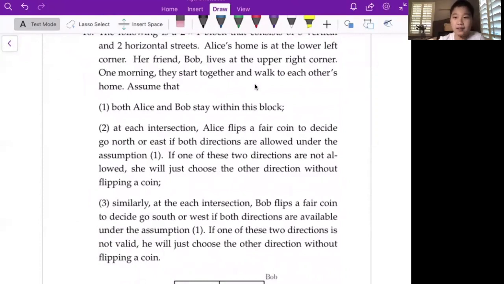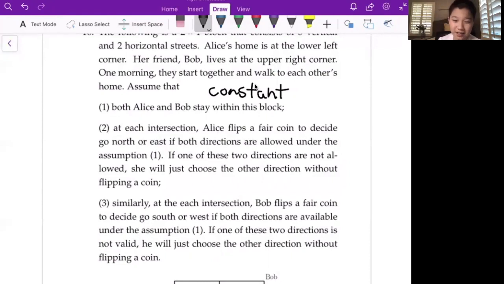Assume that they are at a constant speed, by the way, if the problem wasn't that clear, and they are the same speed, constant and the same speed. And assume that both Alice and Bob stay within this block.